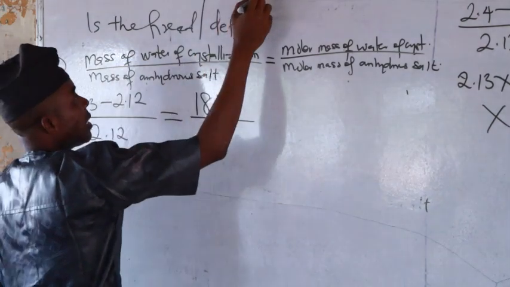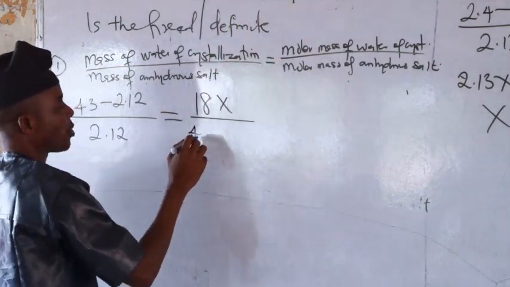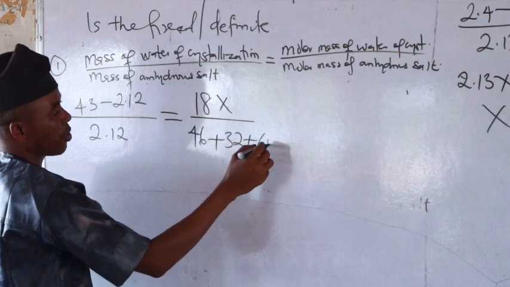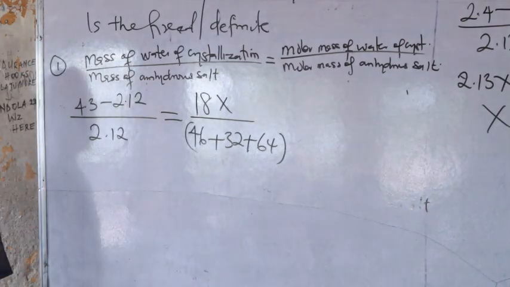Anhydrous salt is Na2SO4. This should be 46 plus 32 plus 64.